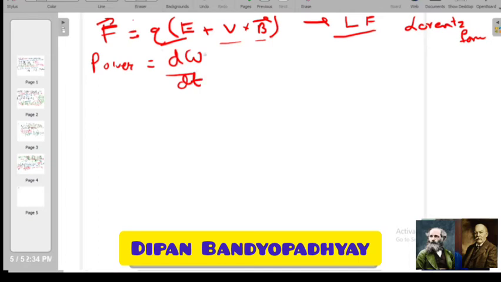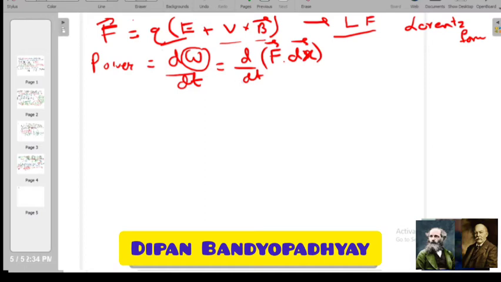Say W is the work done. So work done per unit time is the power, and I can write W as force into displacement, say dx.